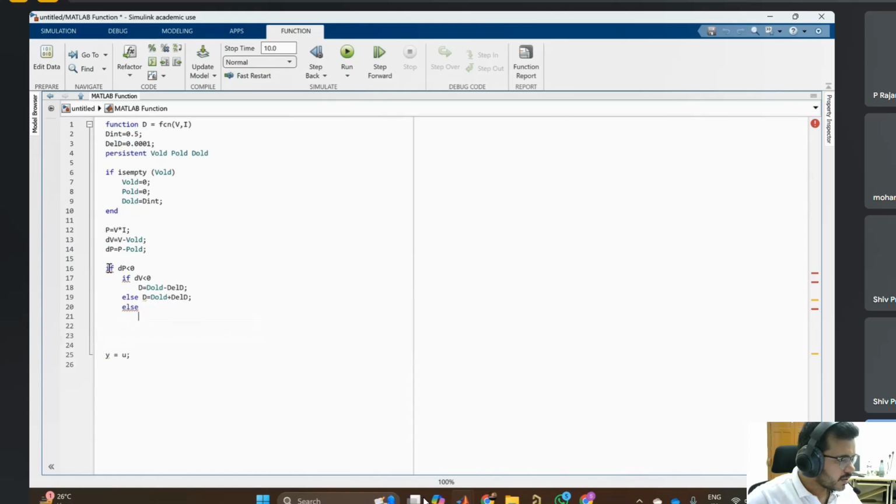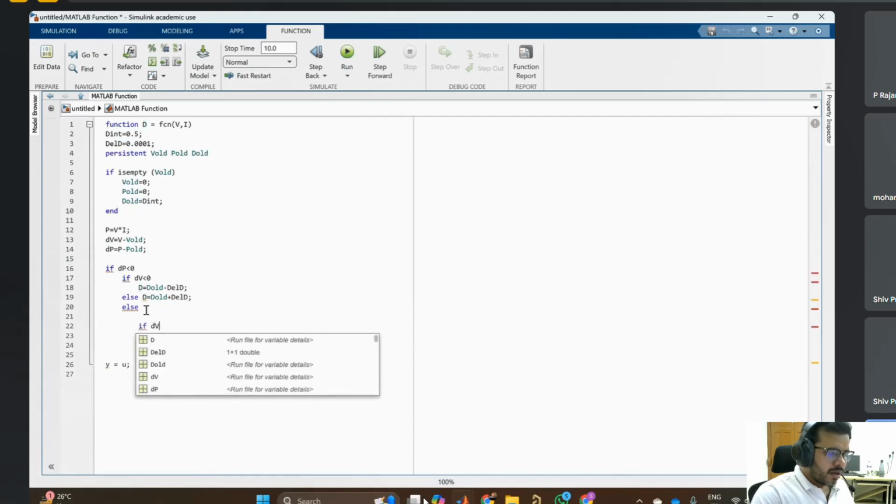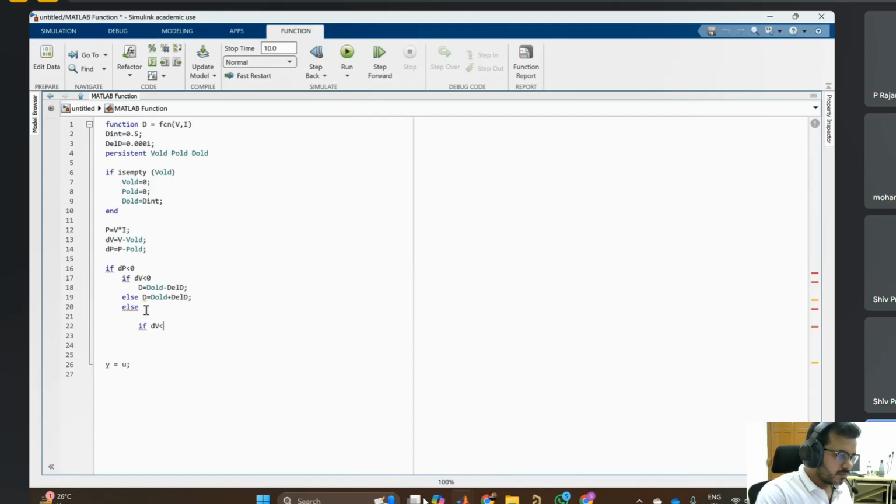Else means this one, else if, second condition: delta P is greater than 0 and again delta V is less than 0, then D is equal to D old minus del D. This is positive, opposite of this one.